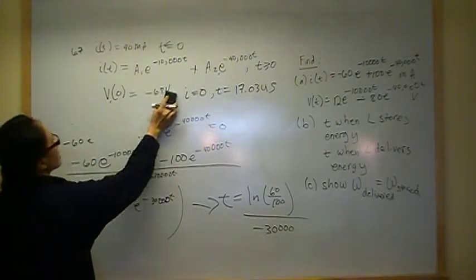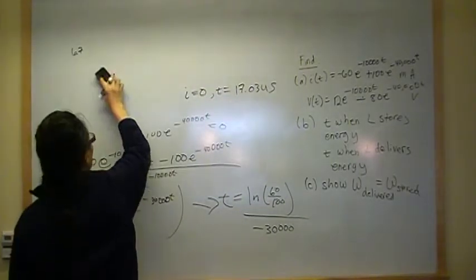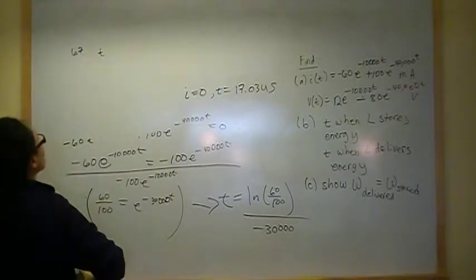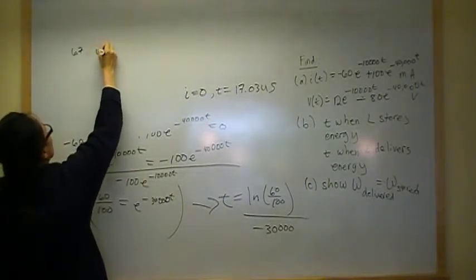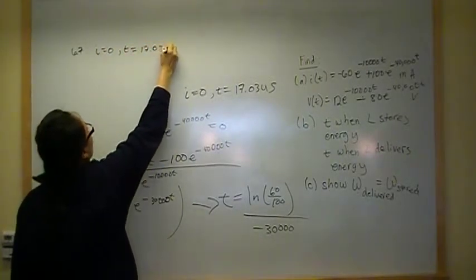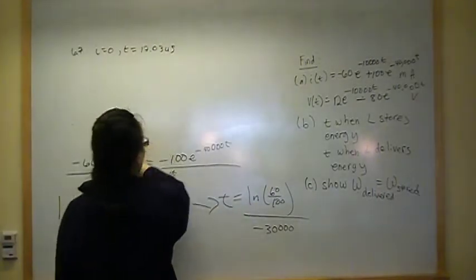I'm going to erase this other information because we don't have space. So over here, I crosses 0 when T is equal to 17.03 microseconds. Now we need to find where voltage crosses 0.